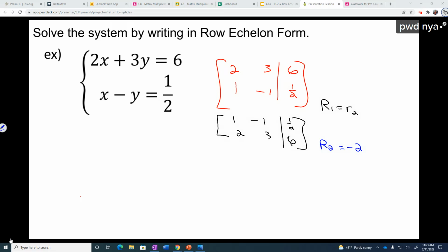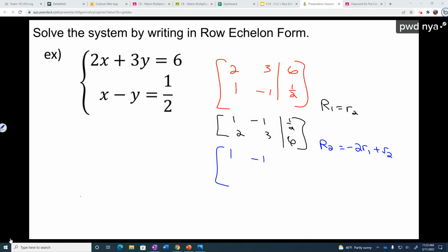So it would be -2 R1 plus R2. We're multiplying the top one by -2, because then when we add it to 2, we'll get 0. We always do something like this when we try to get it to 0, and then just multiply if we're going to get it to 1.